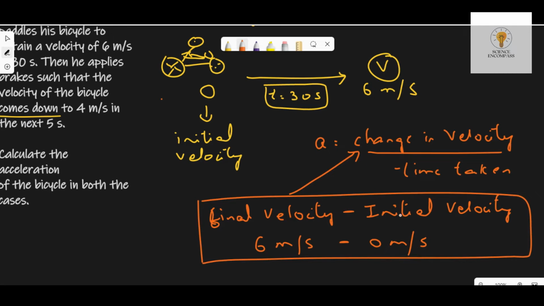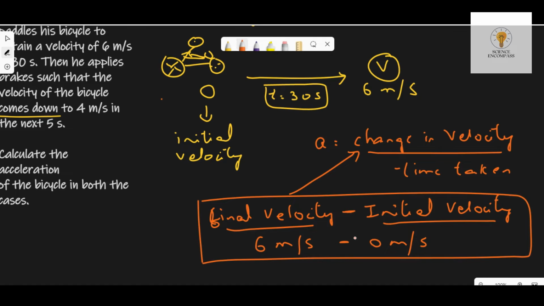What do you actually mean by that change in velocity? Change in velocity is nothing but the final velocity minus the initial velocity. You just subtract those two, and whatever answer you get would be your change in velocity.